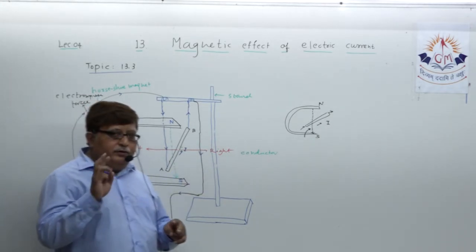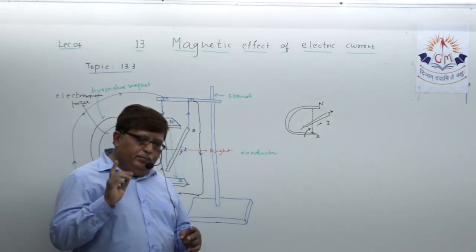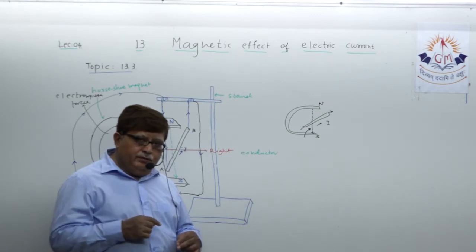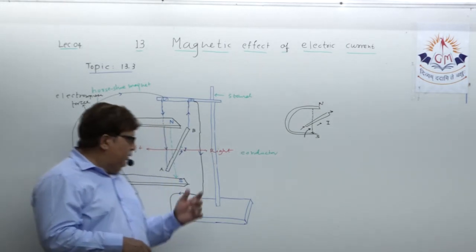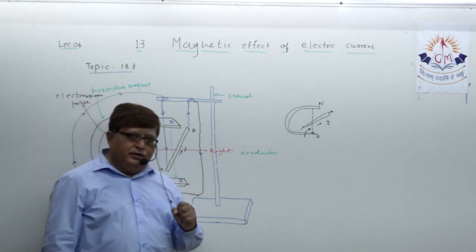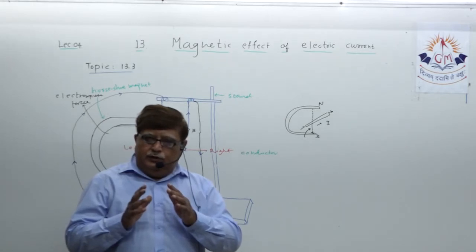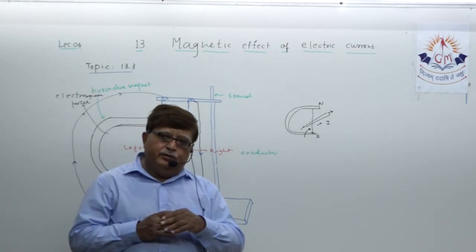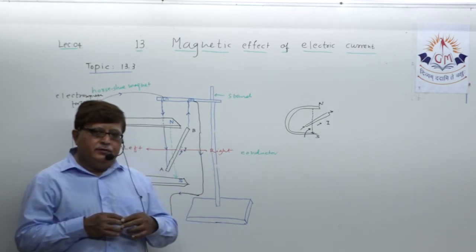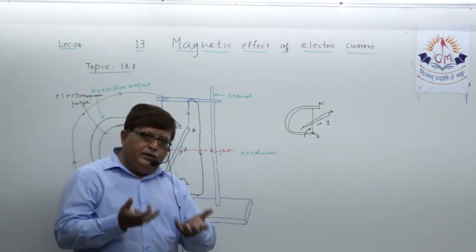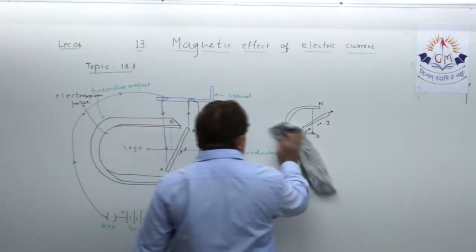Understand all these three physical quantities. Magnetism means magnetic field, electricity means electric current, and motion of the conductor, all are mutually perpendicular to each other. This experiment has been realized as Fleming's left hand rule.